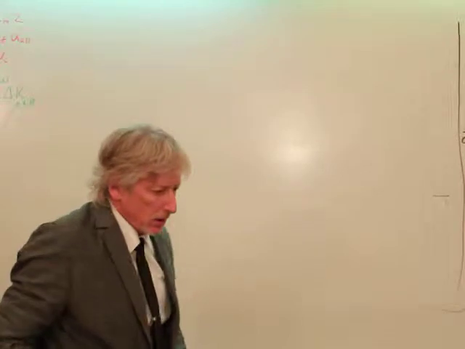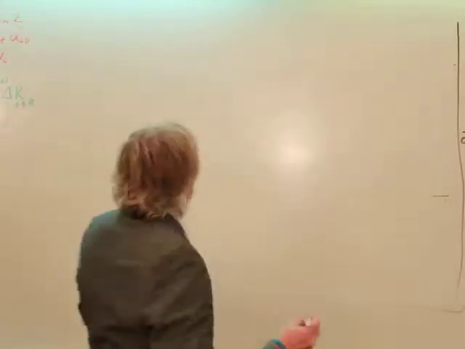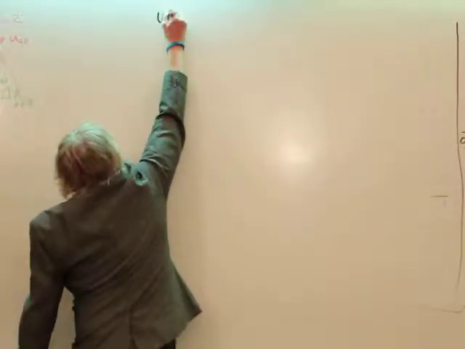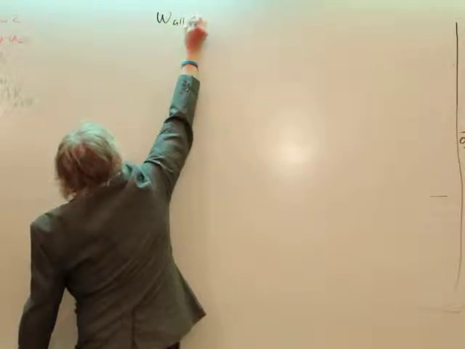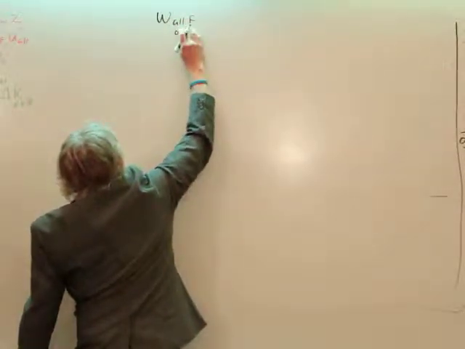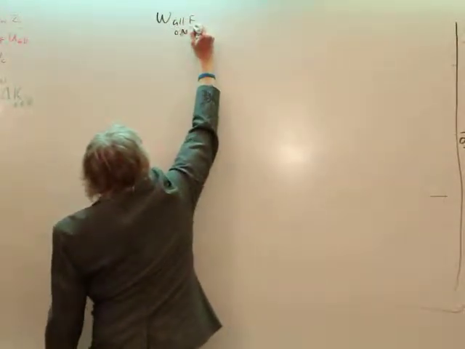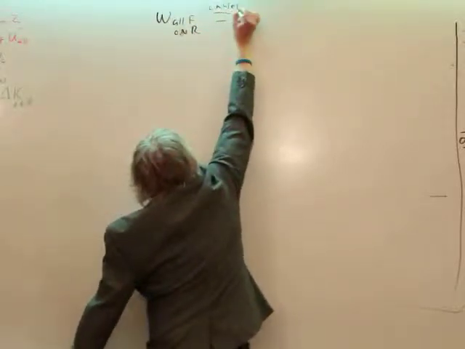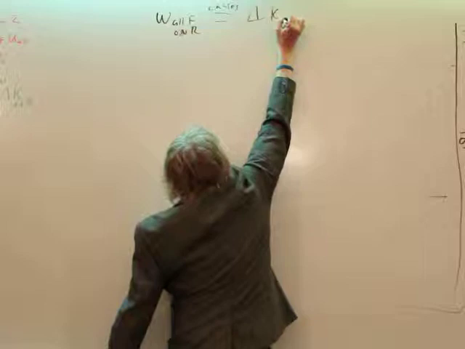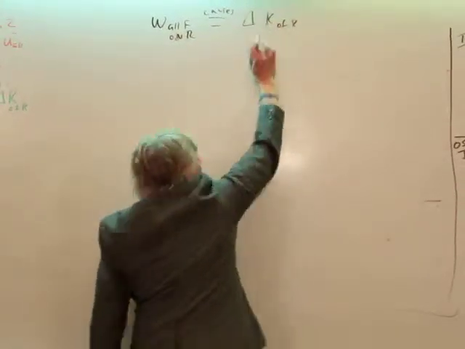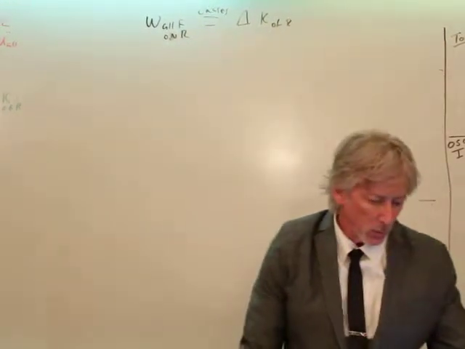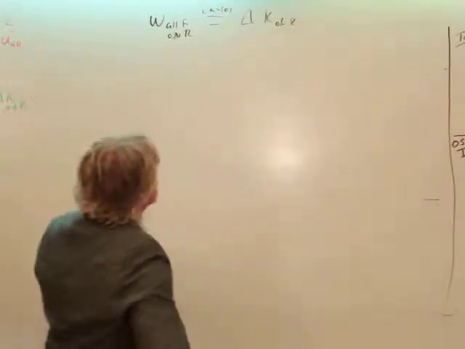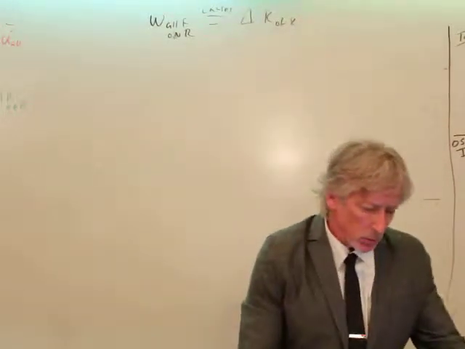Okay, you ready? We're going to take what we knew: the work from all forces on some receiver causes the change in kinetic energy of that object. Okay? We defined work before. All right, so that's good. Cool.